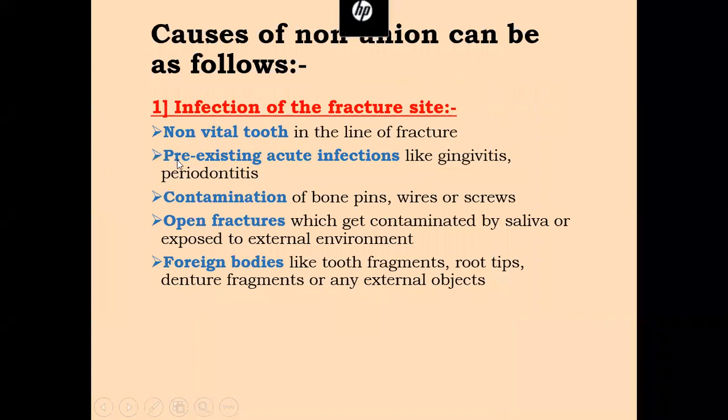Then pre-existing acute infections like gingivitis and periodontitis, contamination of bone pins, wires or screws, open fractures which get contaminated by saliva or exposed to the external environment, and foreign bodies like tooth fragments, root tips, denture fragments or any external objects. We can enumerate these points under infection of the fracture site.